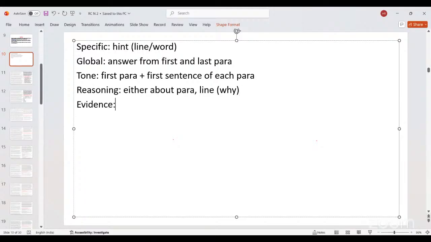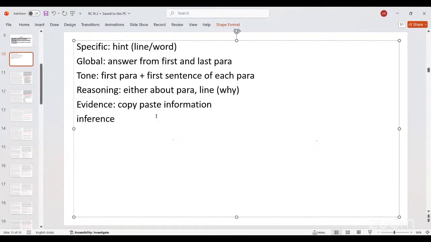Evidence. Evidence and inference questions both require whole passage reading. But inference will be complicated and evidence will be directly related. So evidence means what?